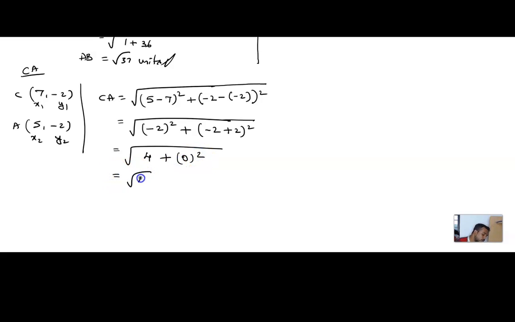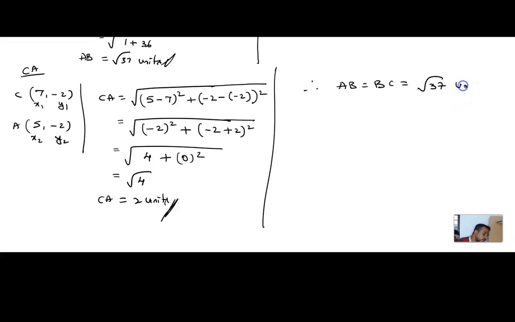That's nothing but root 4. What is root 4? 2. So CA is equal to 2 units. Now we can come to the conclusion that AB is equal to BC is equal to root 37 units, right? The third side is 2 units.